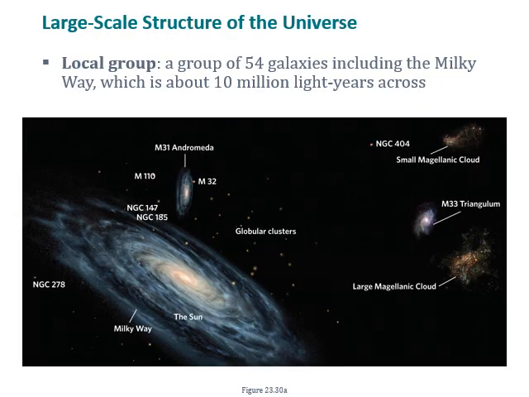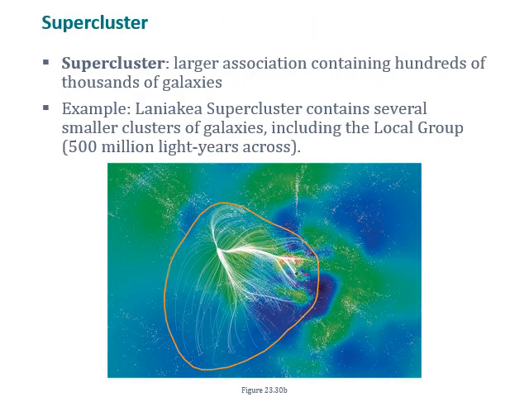The structure of the universe is best described as follows. Our local group is a group of 54 galaxies that includes the Milky Way and is about 10 million light-years across. A supercluster is a larger association containing hundreds of thousands of galaxies.